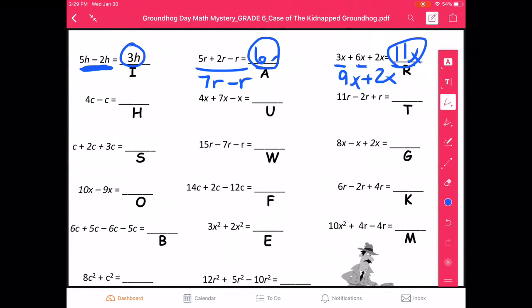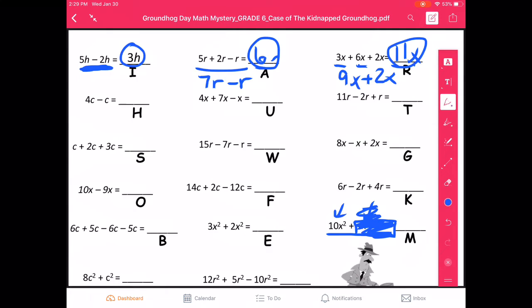So for example, if I jump down here to letter M, okay, this looks like the only problem where your variables are not the same. But if I jump down here, I have an x squared and R's. Well, if I have xylophones, I can't add or subtract radios anymore. Those aren't the same thing. But here I have 4 radios minus 4 radios. So I know that these are going to be 0 radios. These cancel out.